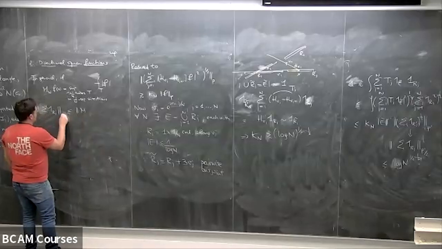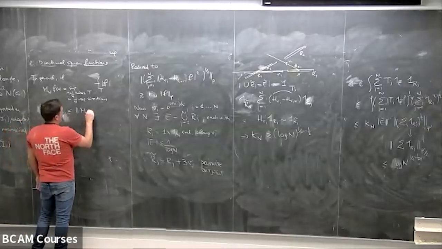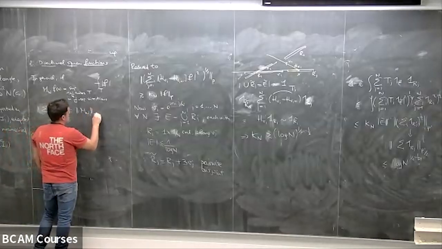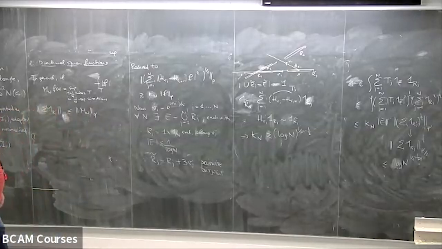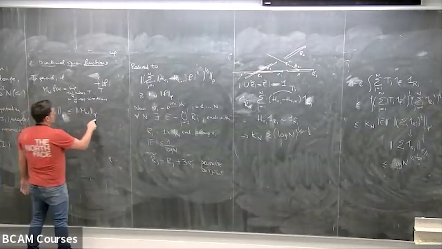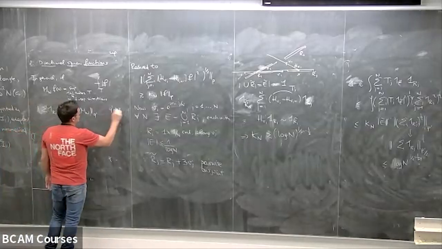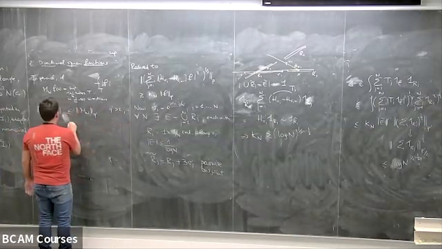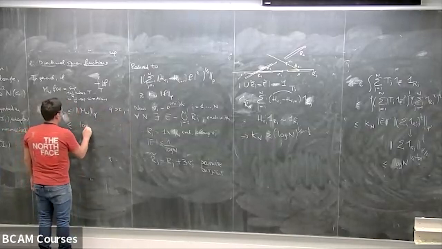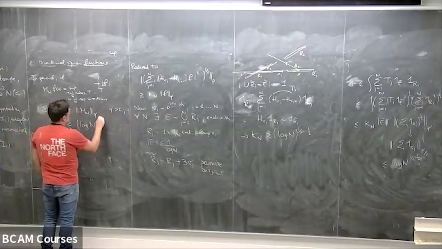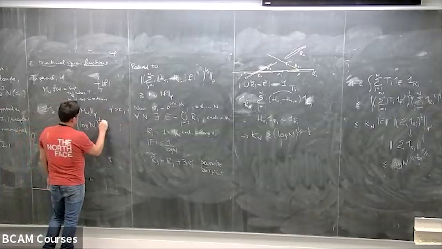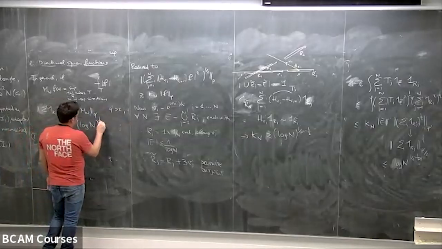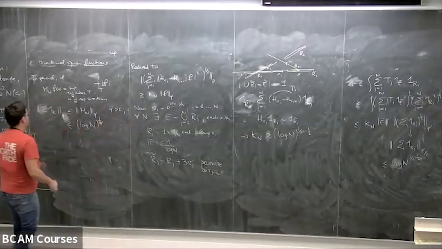Let's do it for a Q, Q prime. Okay. And if Q prime is greater than 2, this is bounded by log n to the 1/2, well, to the 1 over Q prime. Okay.